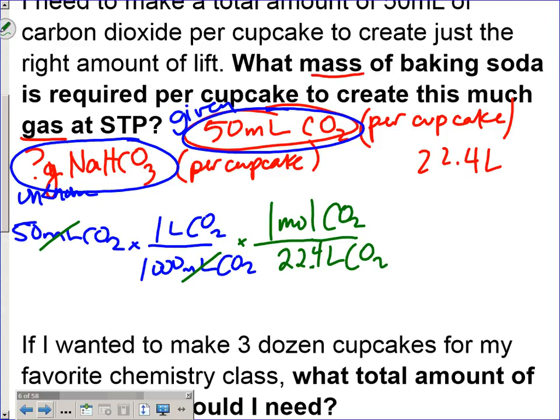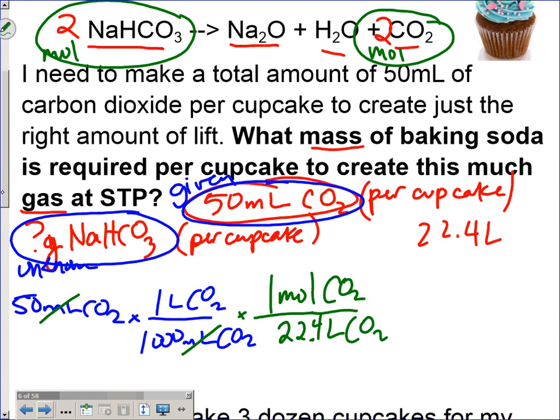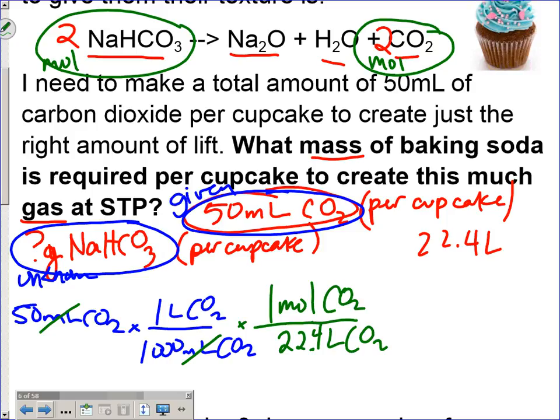So now we're at the magical point that we did not know even existed yet. We are now able to go from moles of something to moles of something else. For example, from moles of carbon dioxide to moles of sodium bicarbonate, because the question is not about carbon dioxide, it's about sodium bicarbonate. So we need to find a way to bridge that gap. That gap is bridged by these mole ratios, which are actually the coefficients. So on your map now, we actually have another branch.